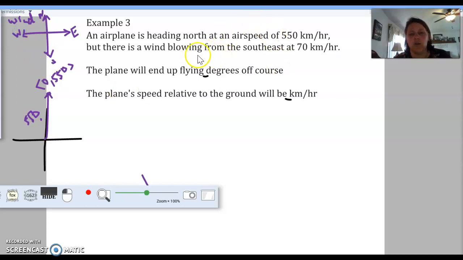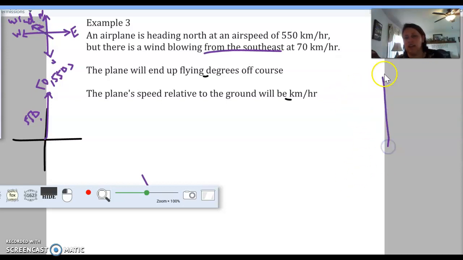Well, it says that our wind is blowing from the southeast. So coming from the southeast means it's going to be blowing in that direction right there. And it is going to be blowing at a rate of 70 kilometers per hour. So at 70 kilometers per hour, that's kind of small.